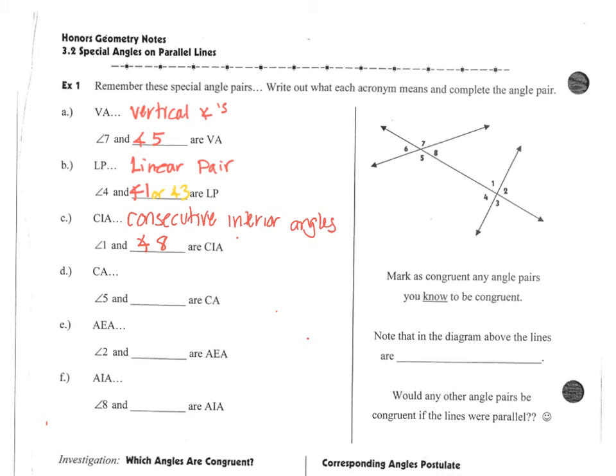CA is corresponding angles. And if we look at angle 5, the angle that would be corresponding to it is angle 3.